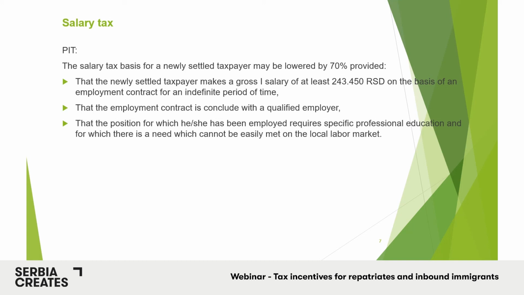So if your gross salary is at least 243,450 dinars per month, by virtue of this amount, you have fulfilled this condition. And there is no other requirement which you need to meet.